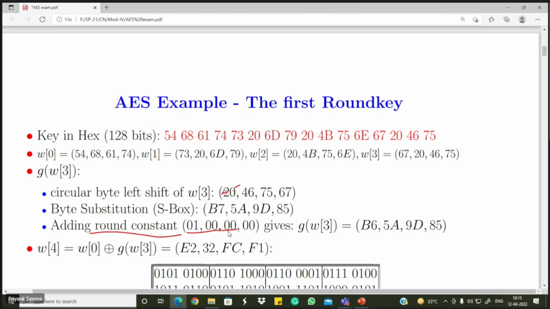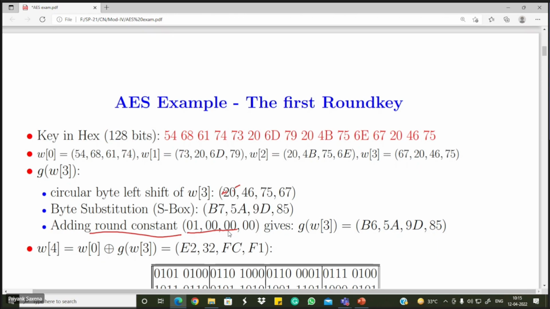So the leftmost byte for each round is 1, 2, 4, 8, 10, 20, 40, 80, 1B, 36.